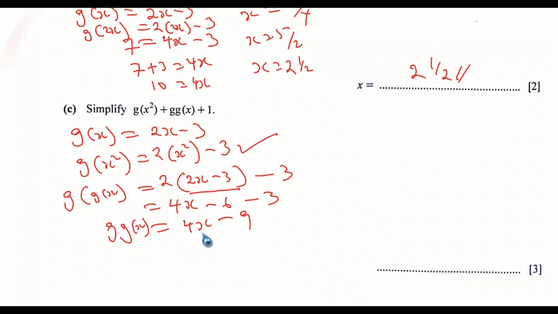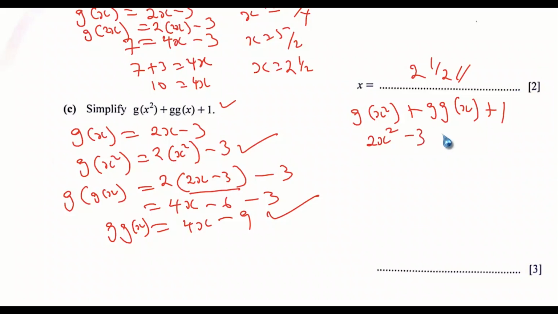So we can now substitute these two into this expression here. That is g of x squared plus gg of x plus 1. That will be equal to 2x squared minus 3, add 4x minus 9, then plus 1.